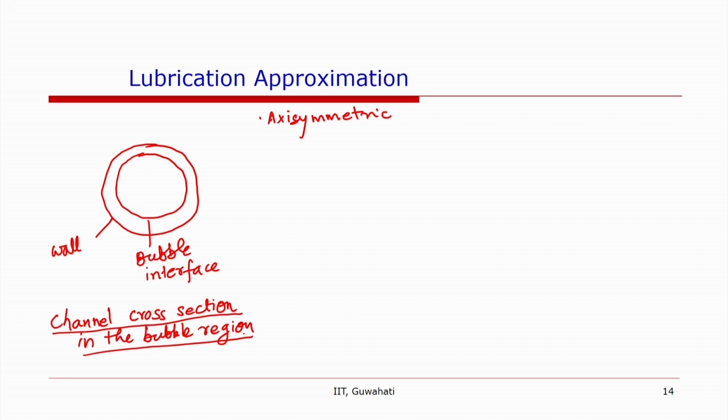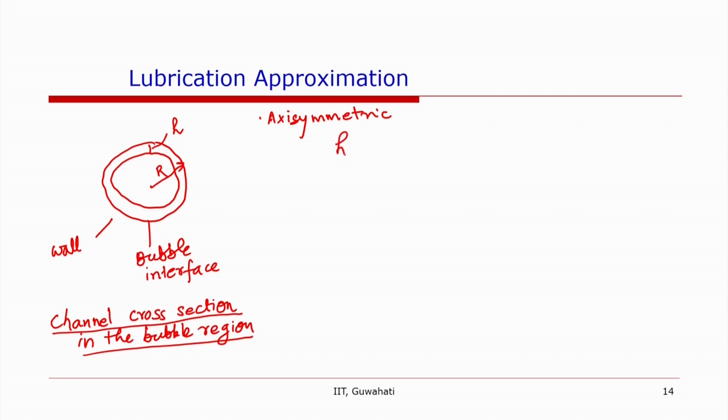Okay, so the film thickness is b and the channel radius is r, or if we are in the intermediate region, then this channel thickness is h and the channel radius is r.